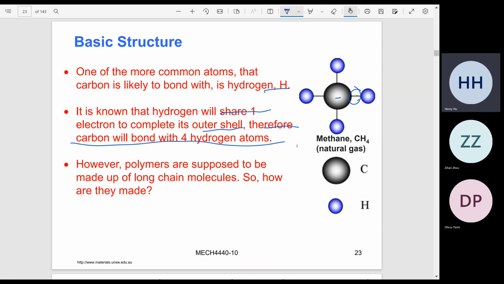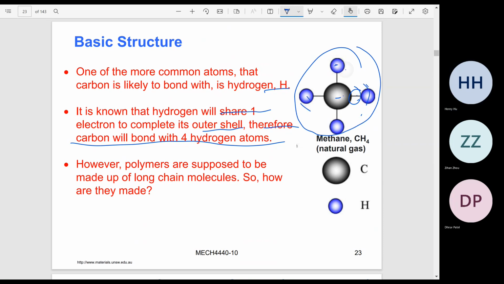So if you have a structure like this, 1 carbon connected with 4 hydrogen atoms, the kind of material you have is basically natural gas. It's called methane.